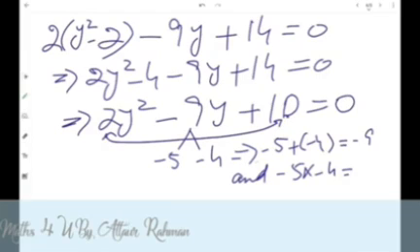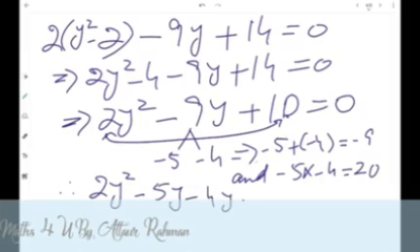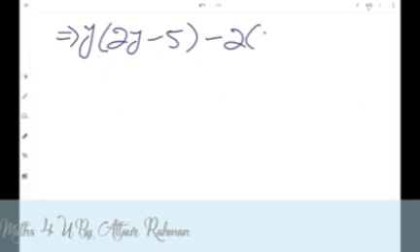Yes, of course, minus 5 multiplied by minus 4 gives 20. So fortunately we have found those terms, that is minus 5 and minus 4. So factorizing this equation, it will give 2y minus 5 and y minus 2 is equal to 0.